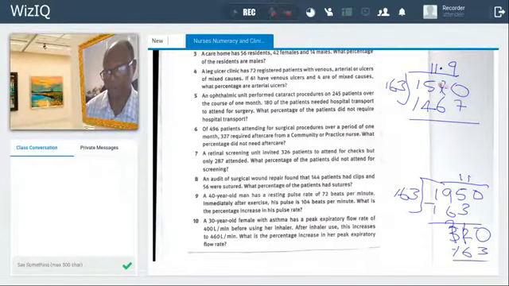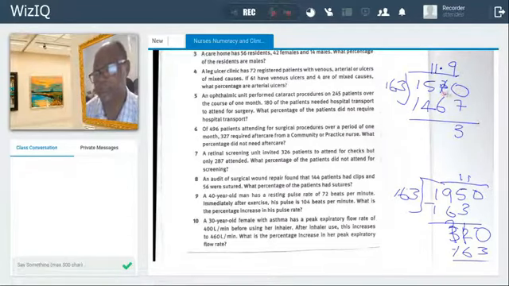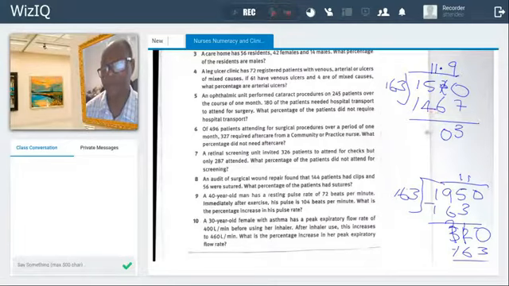I borrow 1 here. Okay, so 6 remaining. 10 take away 7 is 3. And 3 is what is remaining here. There's 6 remaining. 6 take away 6 is 0. And 5 take away 4 is 1.